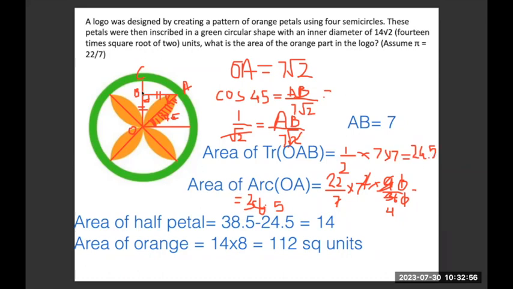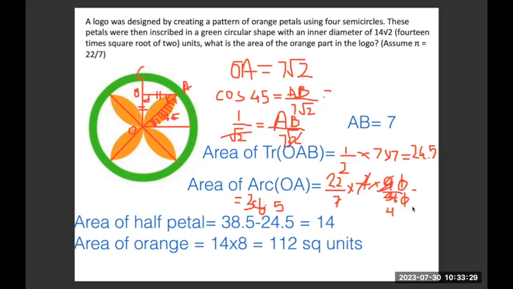Then what is the area of the whole sector OAB with the petal? There's a formula: pi r square theta upon 360 degrees. So pi is 22/7, r square is 7 square, and theta is 90 upon 360 degrees. The 7 square cancels with one 7, 7 remains, 22 into 7, and 90 upon 360 is 1/4.